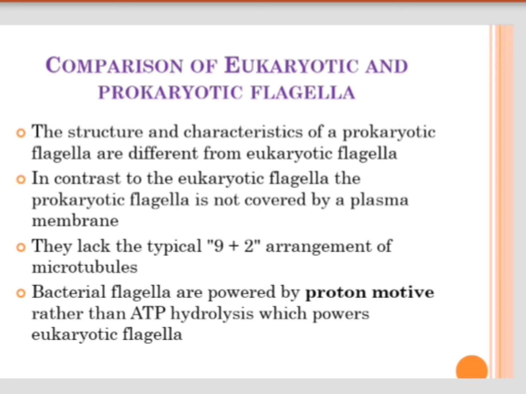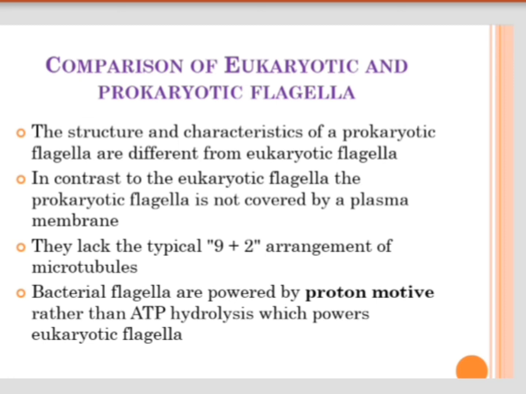In eukaryotes, the flagella show a 9+2 arrangement of microtubules. But here, there are no microtubules and no 9+2 arrangement. Here, the subunits are flagellin. So prokaryotic flagella lack the 9+2 arrangement of microtubules that is seen in eukaryotes. Then bacterial flagella are energized by the proton motive force, but in eukaryotes, ATP hydrolysis powers the flagella.